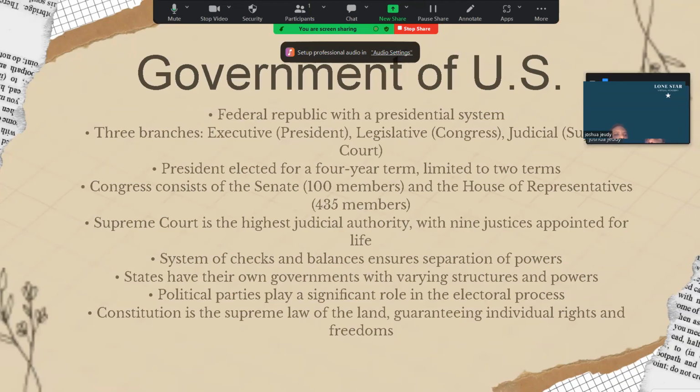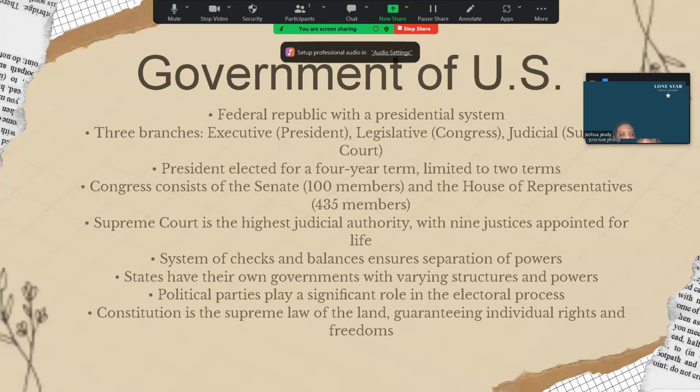Next, we move on to the United States' government, our government. Now, essential to know, our government is made up of 3 branches. They are executive, legislative, and judiciary.